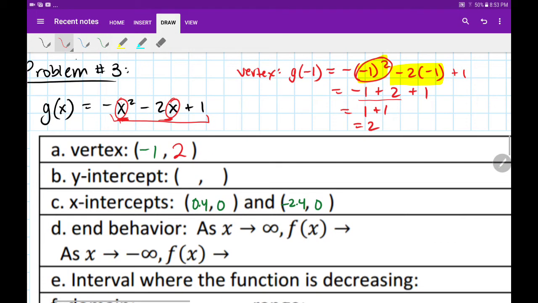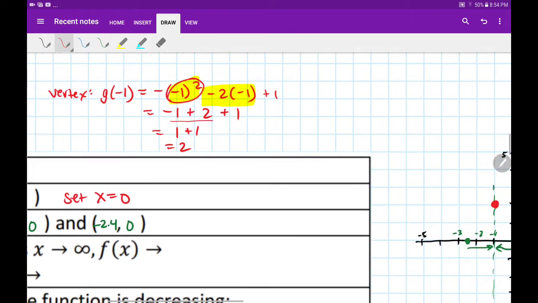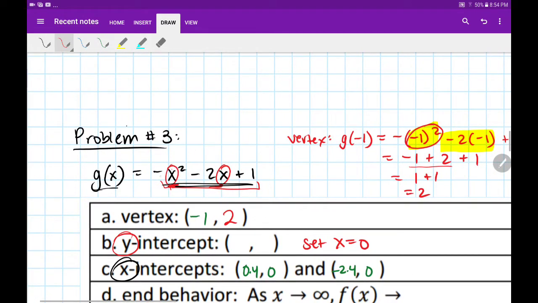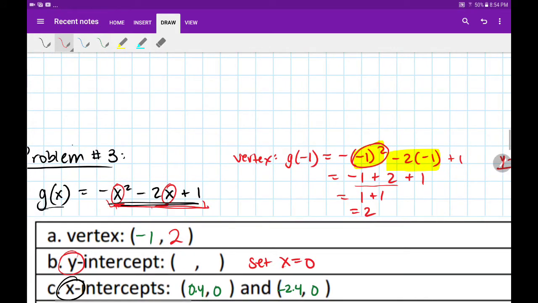Finally, I need a y-intercept. So as always, we set our x equal to 0. Whenever we're finding our y-intercept, set the x equal to 0. Whenever you're finding your x-intercept, we set the y, or the function, equal to 0. It's the opposite of what it sounds like. So let's set x equals 0 and solve. So we're doing g of 0 equals, now we're just going to plug in 0 carefully, negative 0 squared minus 2 times 0, and then plus 1.